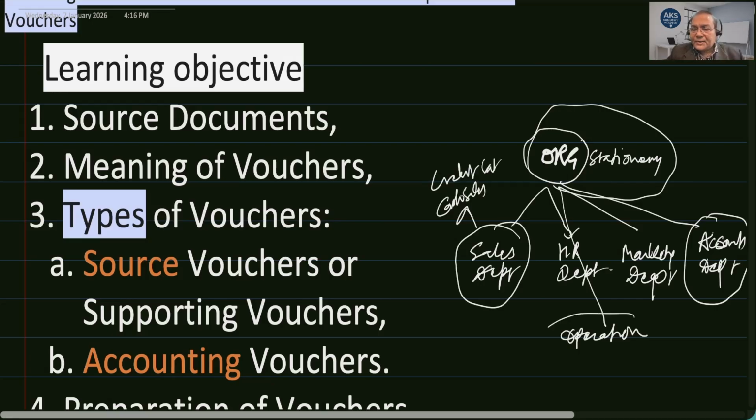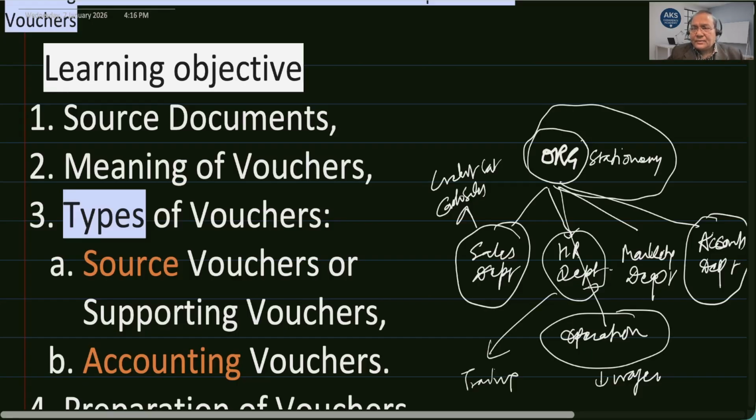The operation department incurs expenditure in terms of wages paid or organizing certain events or day-to-day activities. The HR department engages in training the employees and related aspects. Then we have the marketing department, which does important activities like branding and promotion.